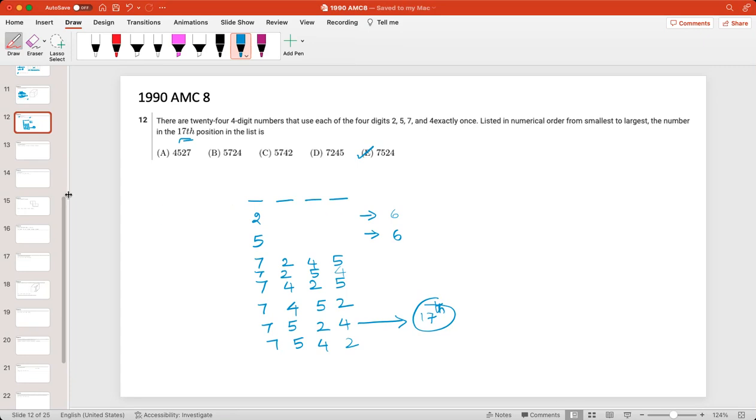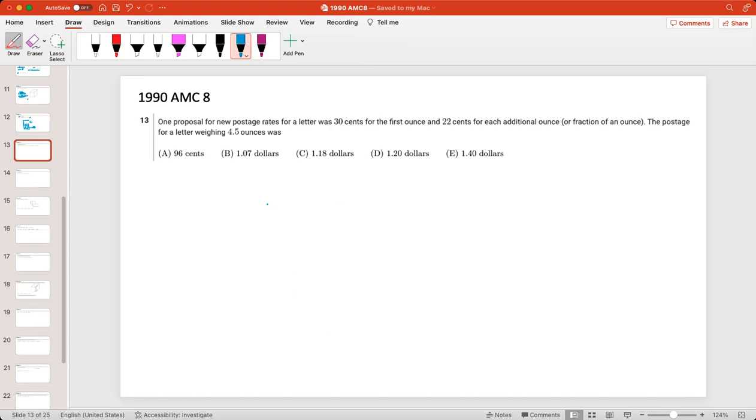Okay. Going to question number 13. One proposal for new postage rates for a stamp was 30 cents for the first ounce and 22 cents for each additional ounce or fraction of an ounce. Postage for a letter weighing 4.5 ounces. So in 4.5 ounces, the first ounce is going to cost 30 cents.